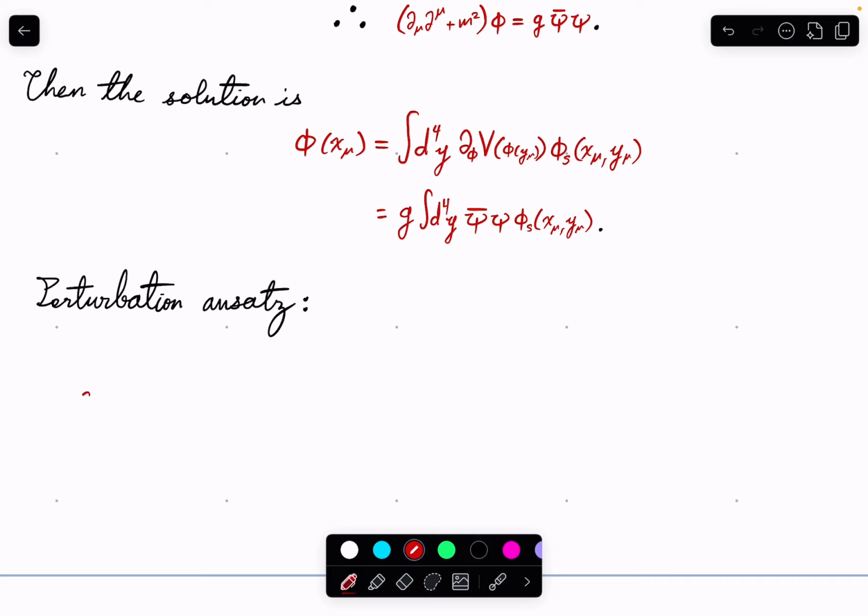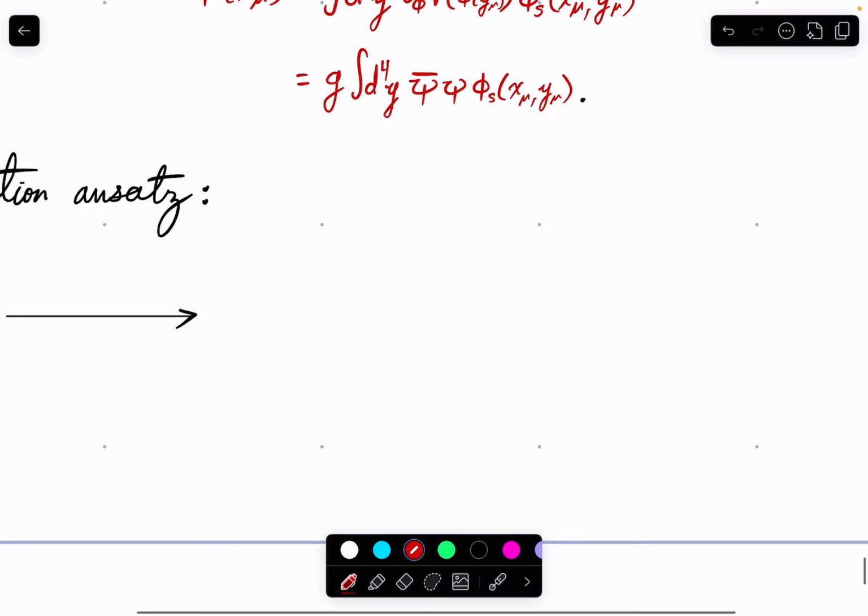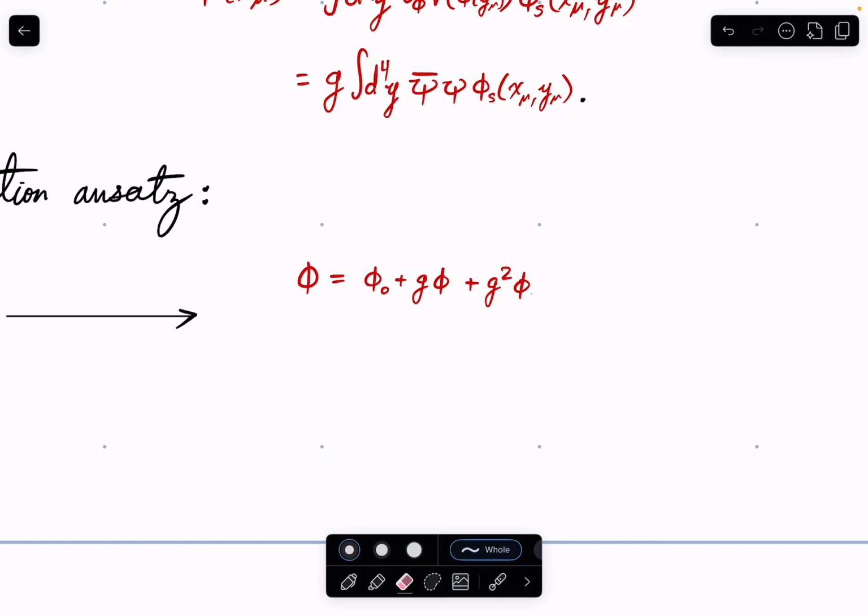Namely, if G is less than 1, then phi is equal to phi naught plus G phi 1 plus G squared phi 2, and so forth.